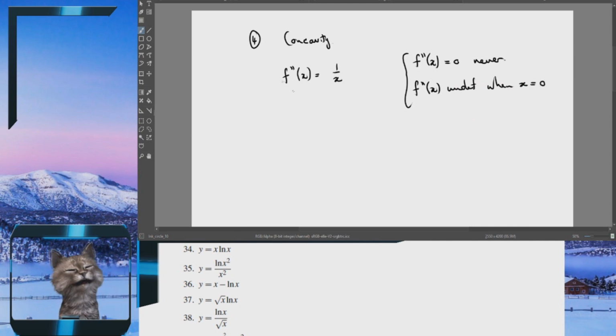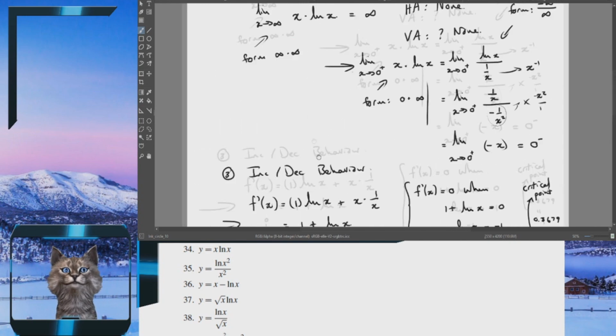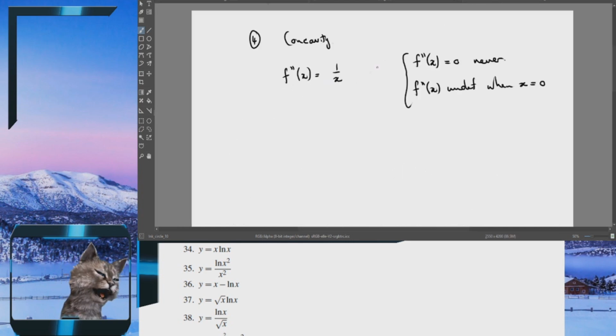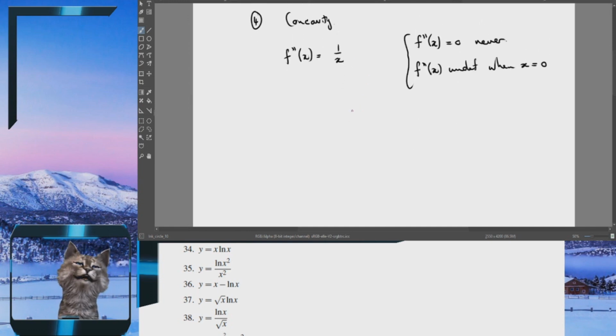Second derivative is undefined when x is 0. Now this function, it's interesting. This second derivative function doesn't know where it comes from. It happens to come from this function in 2 steps. It doesn't know that it shouldn't be defined everywhere. It just does the thing. Hey, do with me whatever you want. I have a problem at 0. I don't really care about the rest. So I'll make my table.